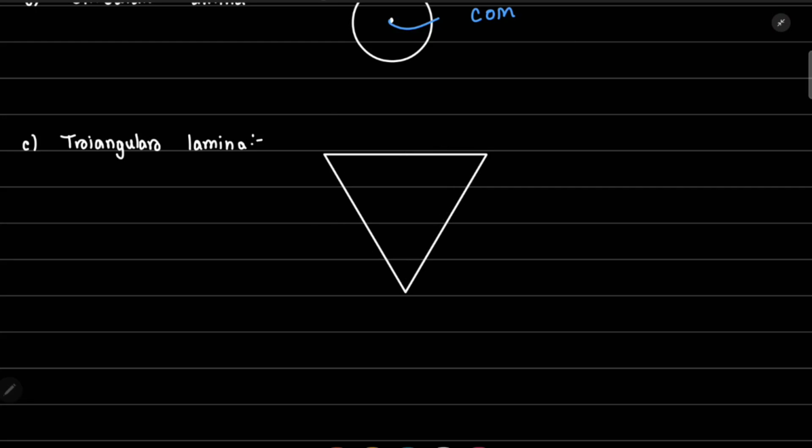So we are given a triangle, we are given points A, B, C, we are given the coordinates x1, y1, x2, y2, x3, y3.